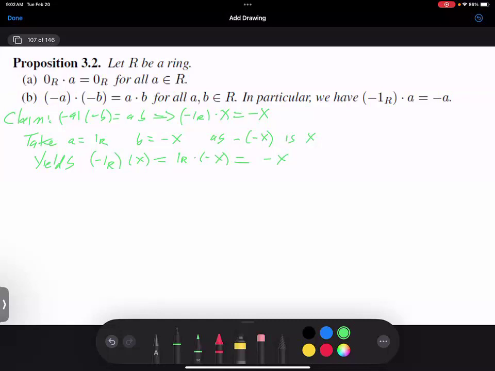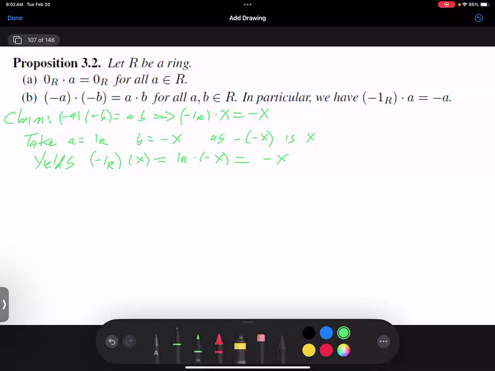So this is a really good example of trying to figure out how to read things to figure out what are good choices of items. I'm given that we want to show negative 1 times A is the same as negative A. So this gives me some idea of what I want A and B to equal.